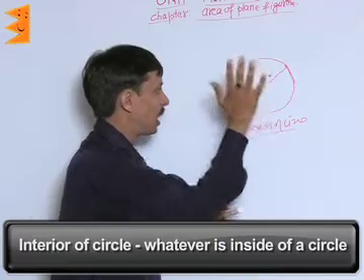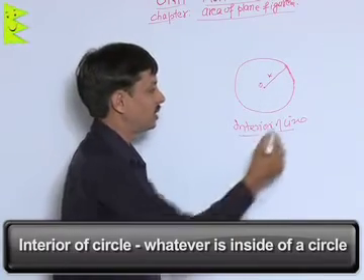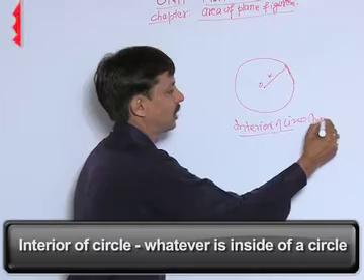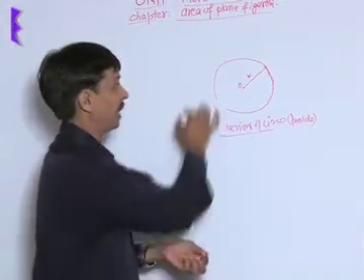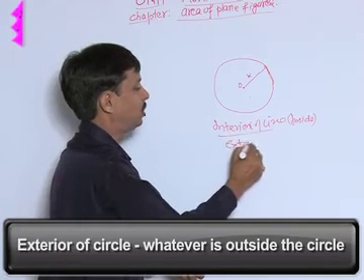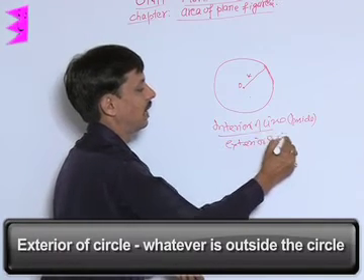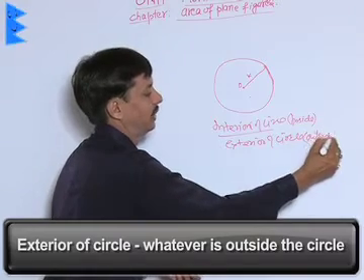The part enclosed inside the circle is known as the interior of the circle. Whatever is left outside is known as the exterior of the circle.